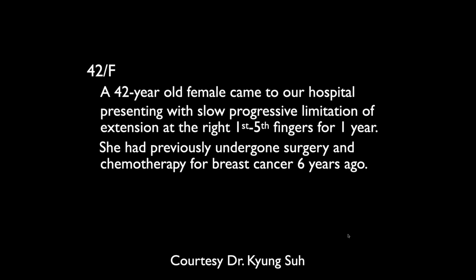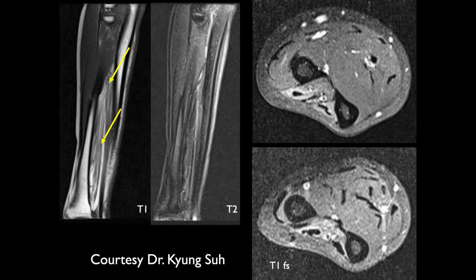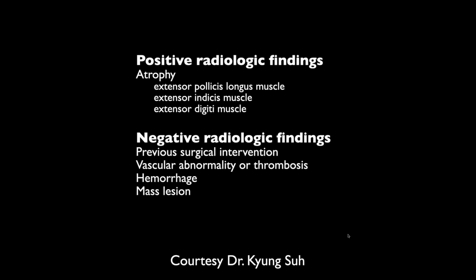42-year-old female with slow progressive limitation of extension at the right first through fifth fingers for 1 year. Previously undergone surgery and chemotherapy for breast cancer 6 years ago. Okay, so we can just see diffuse fatty atrophy of the extensor muscles and kind of extending all the way to the distal forearm.